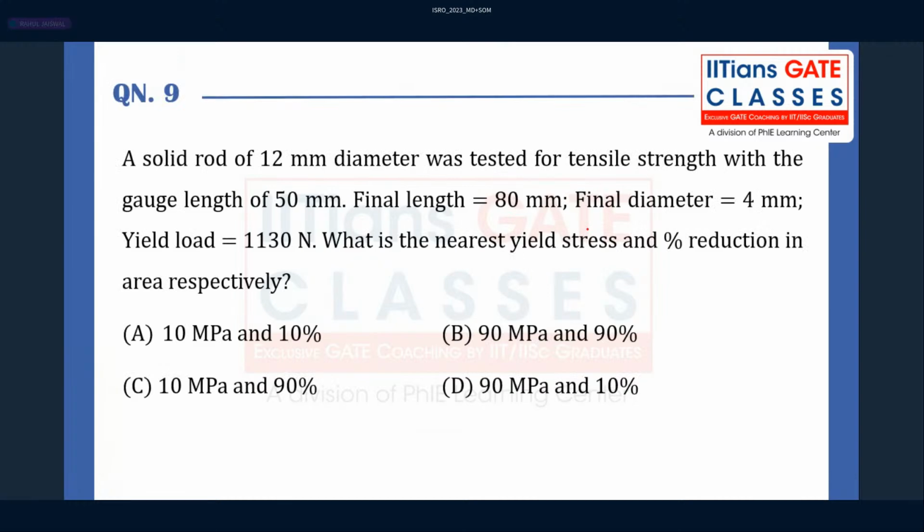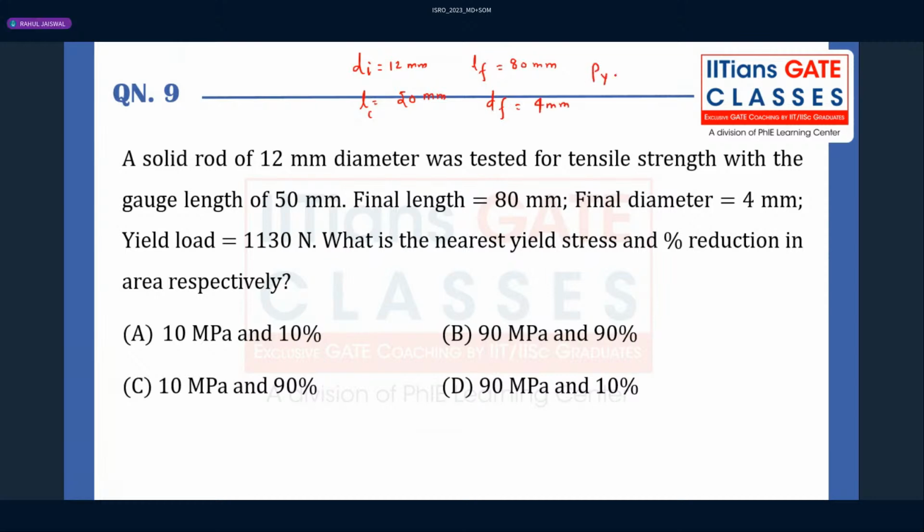Now, this is another problem, one of the good problems from strength of materials. In this particular problem, they have given an initial diameter of 12 mm tested for tensile strength with a gauge length of 50 mm, the initial length. The final length is given as 80 mm. The final diameter is given as 4 mm.